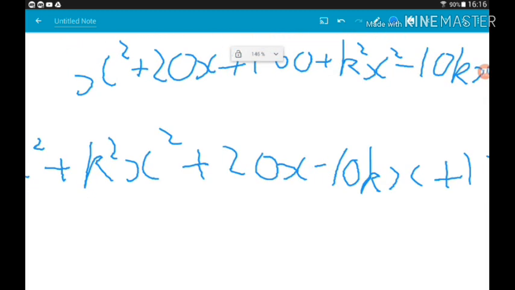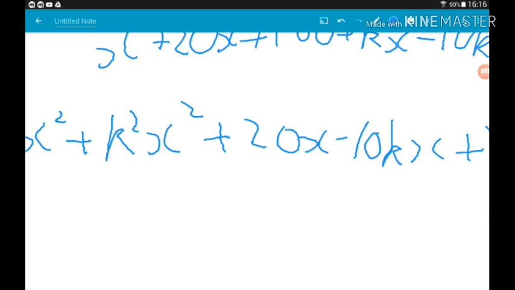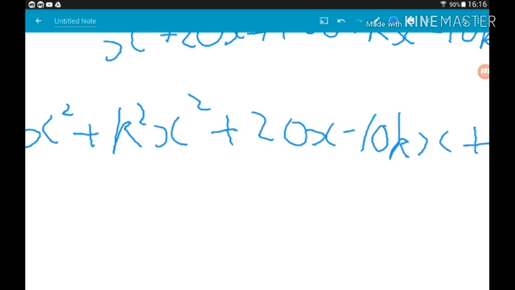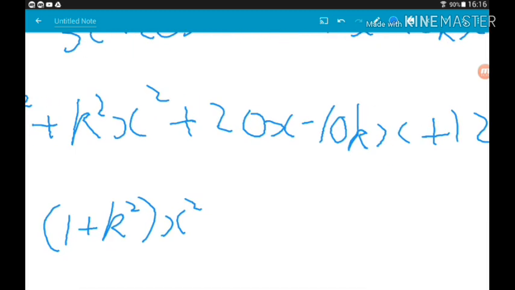So x squared plus k squared x squared is going to give us (1 plus k squared) x squared as we wanted. And then we can factor out the x over here and also a 10.